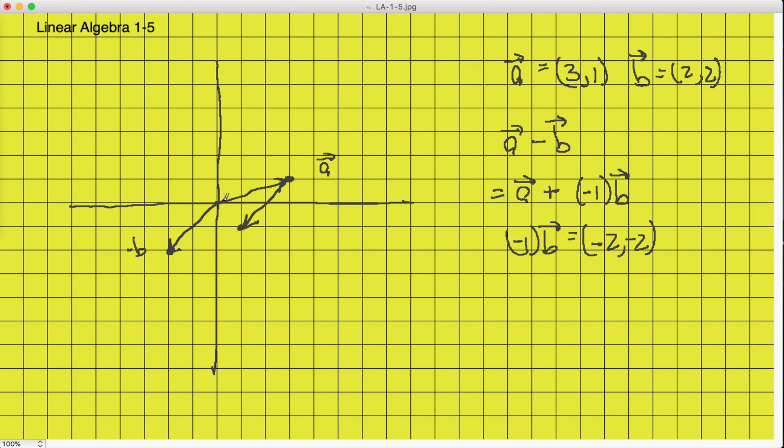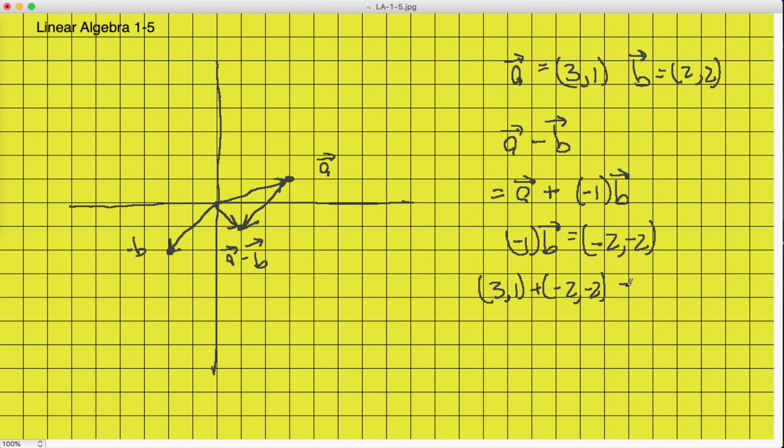And now we can see over here that this vector right here is A minus B. And we can see that A minus B, I'm going to have 3, 1, plus a minus 2, minus 2.